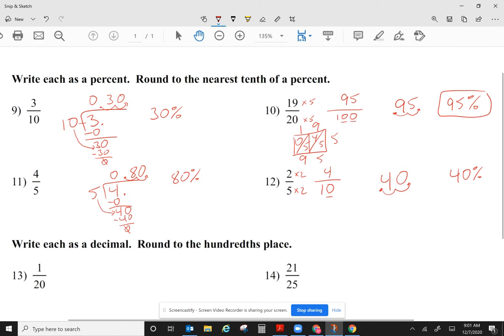When you're going to write a fraction as a percent, get a decimal first. There are 2 ways you can get the decimal: either use division, like I did in questions 9 and 11, or use the denominator, like I did in questions 10 and 12. Once you have the decimal, move the decimal point 2 places to the right, and that's how you get your percentage.